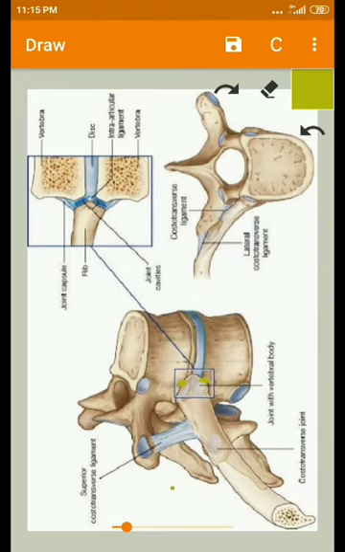And then I have already mentioned the intra-articular ligament, which stretches from the crest between the articular surfaces of the head of the rib to the intervertebral disc, and also it divides the joint cavity into two.